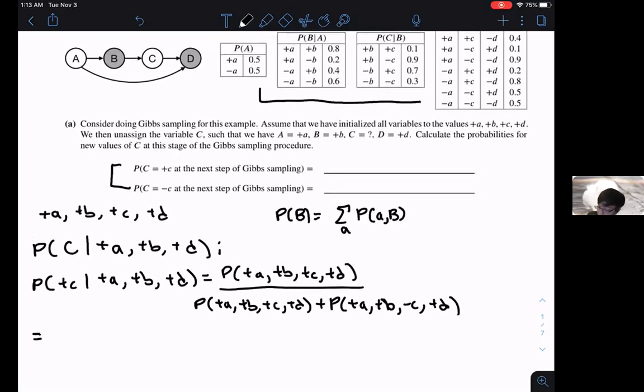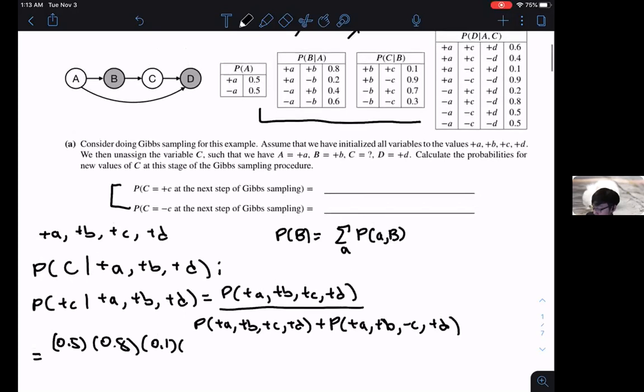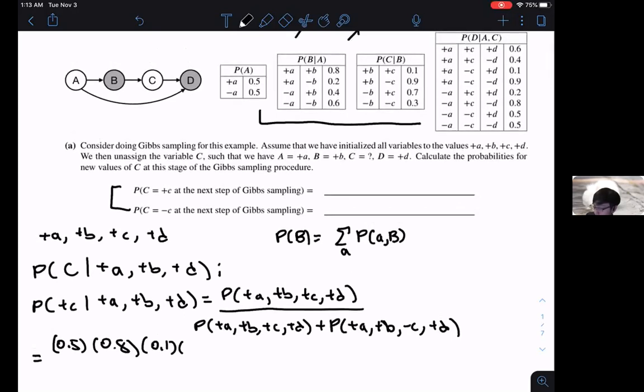For the top, if I look at the product, I get 0.5 for P of plus a, times P of plus b given plus a, which is 0.8, times P of plus c given plus b, 0.1, and then P of plus d given plus a comma plus c, which in this case is 0.6.